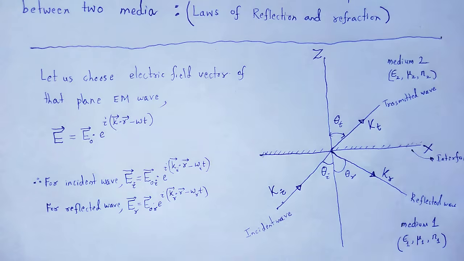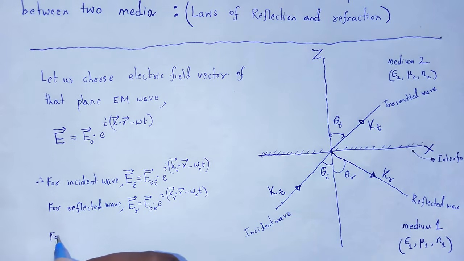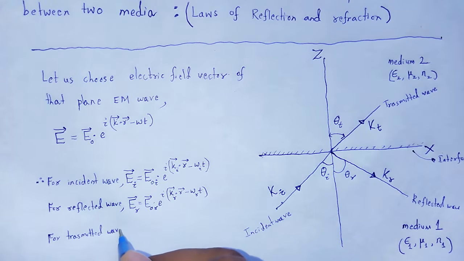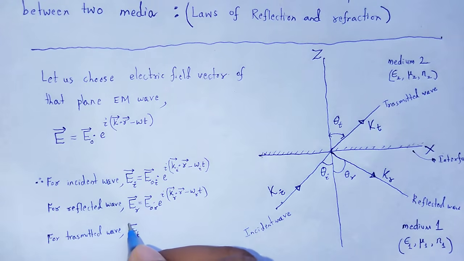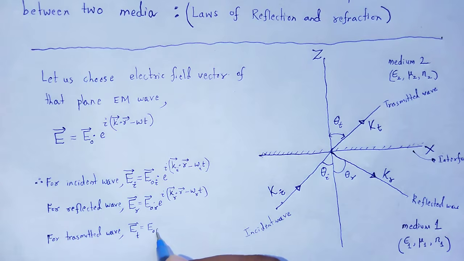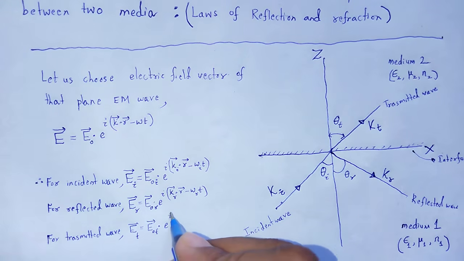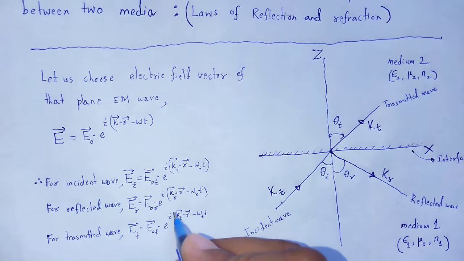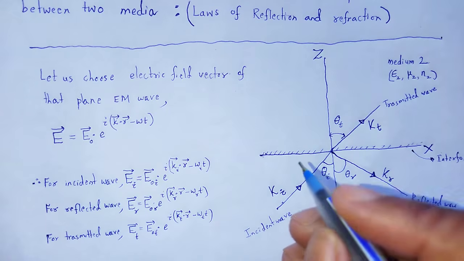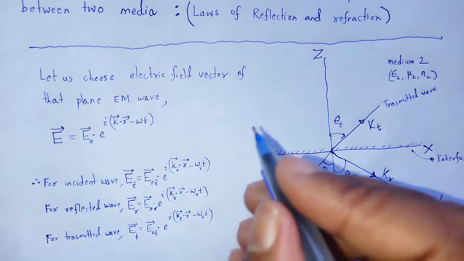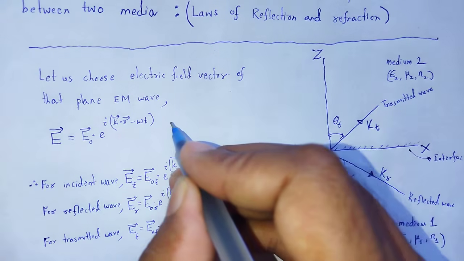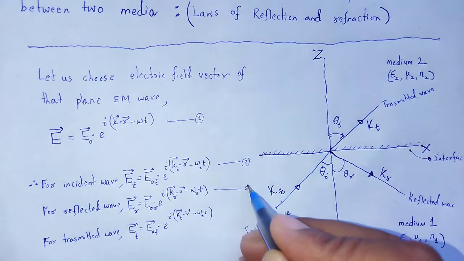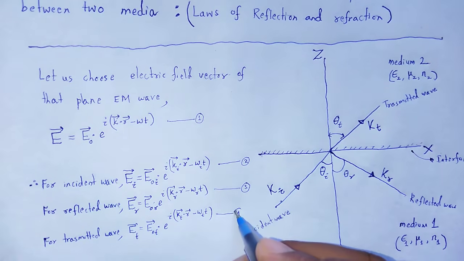Same for the transmitted wave, E t vector is equal to E0t vector e to the power i (k t vector dot r vector minus omega t t). Equations number 2, 3 and 4.